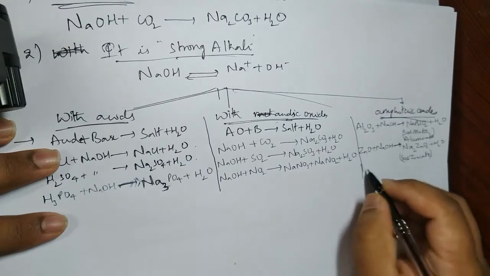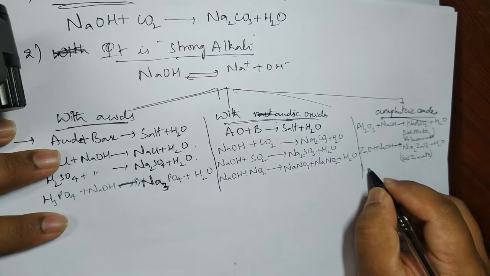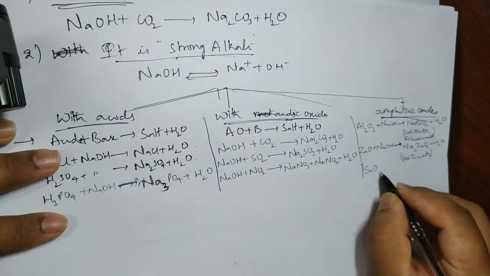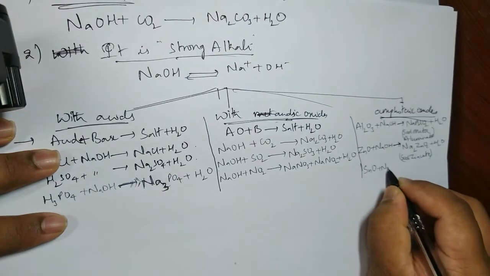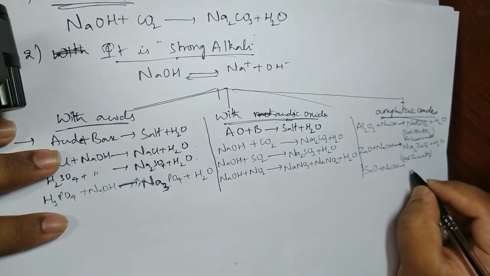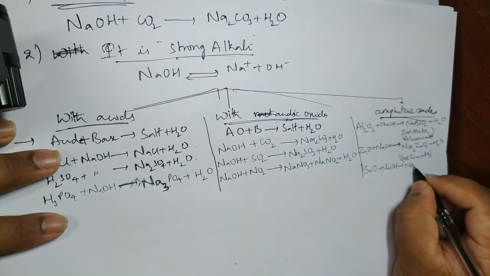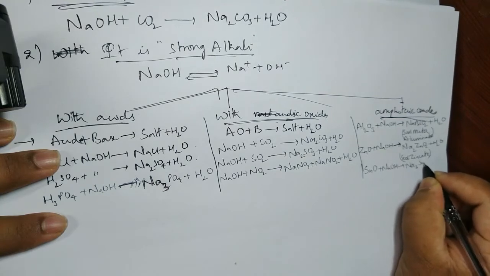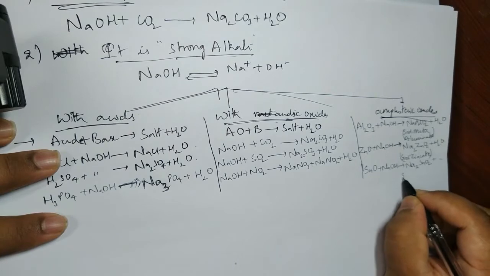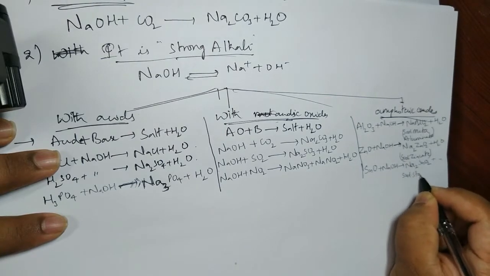And let me use SnO. Yeah, this is important. SnO plus NaOH forms sodium stannite, SnO2 plus water, I am not writing water, okay? This is sodium stannite.